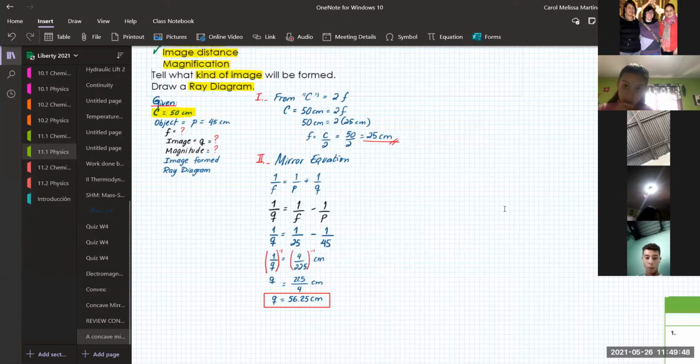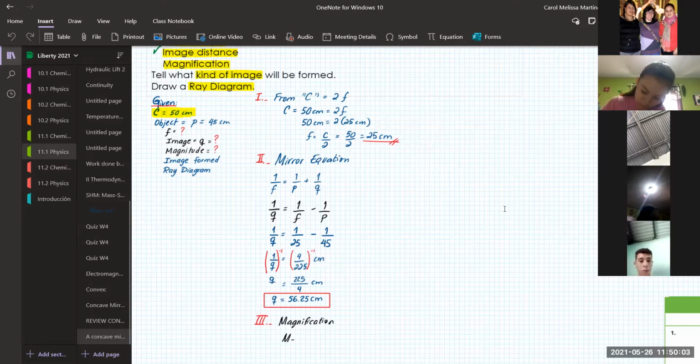According to the givens that we have, magnification can be found easily by this equation. M is going to be equal to minus Q divided by P. All you have to do is replace the givens.